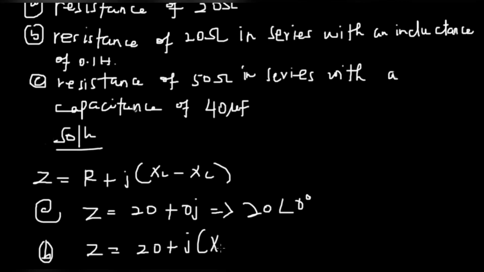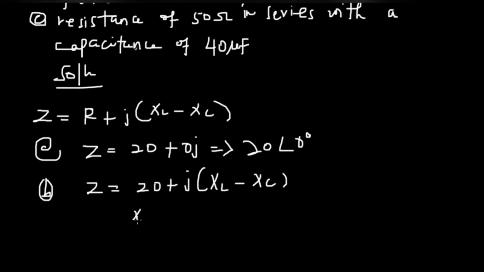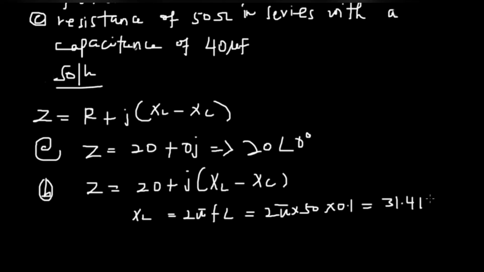For XL we need to calculate, because we were given only L. XL equals 2 pi f L, that's 2 pi times 50 times 0.1. When you compute this, you get 31.416 ohm.